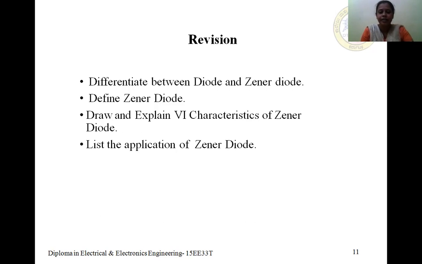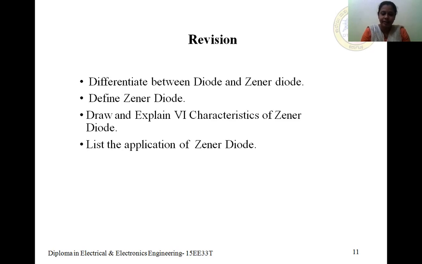So we can make two columns, one for diode, the other for Zener diode. Ordinary diodes are not heavily doped, whereas Zener diodes are heavily doped. This is the first point. Second, ordinary diodes conduct current in only one direction, the forward bias direction, whereas a Zener diode conducts in both forward bias as well as reverse biased condition.